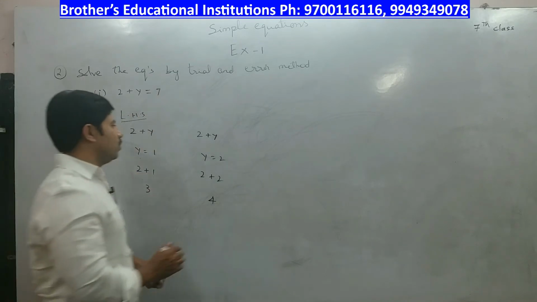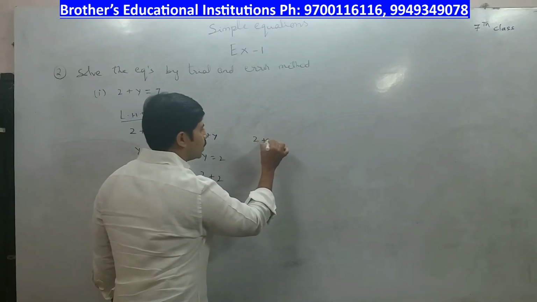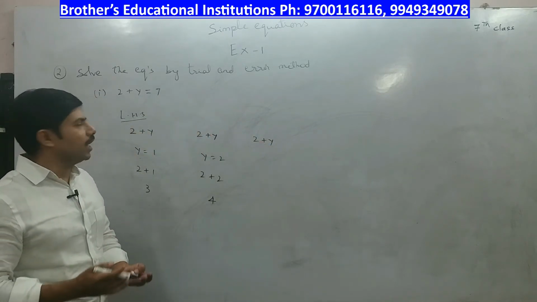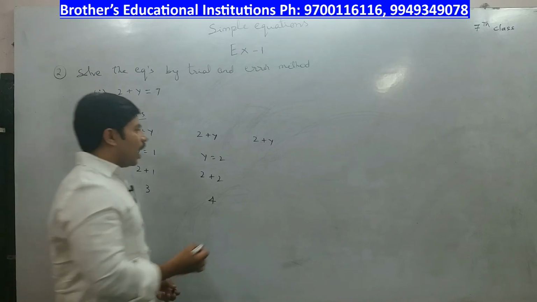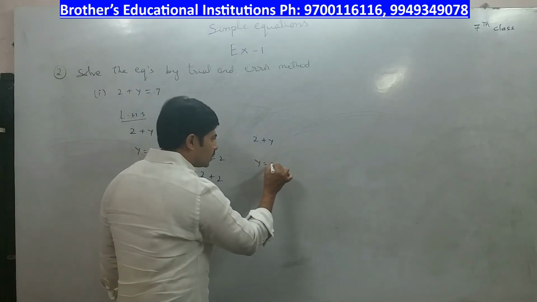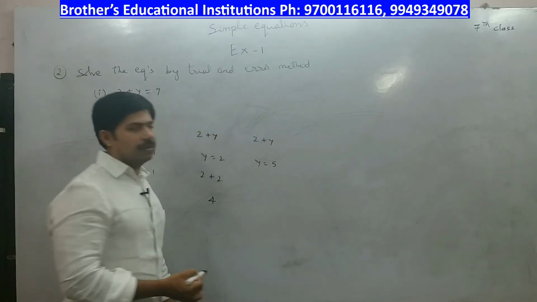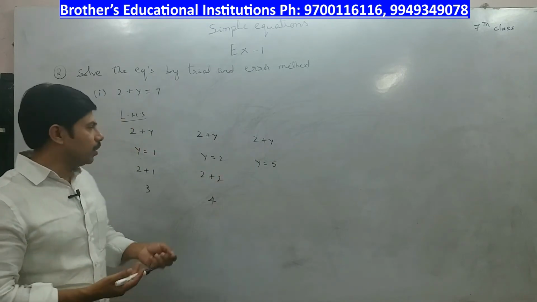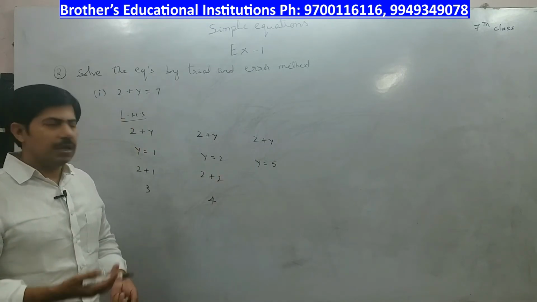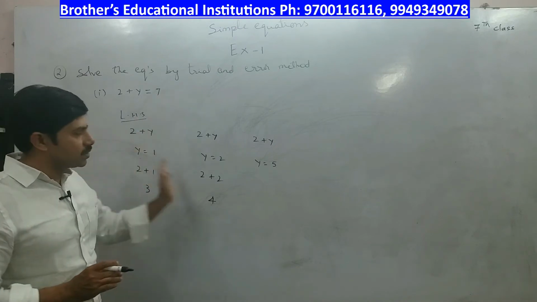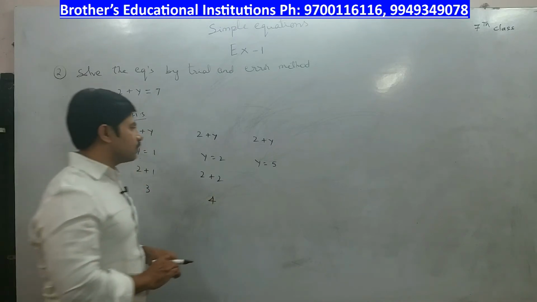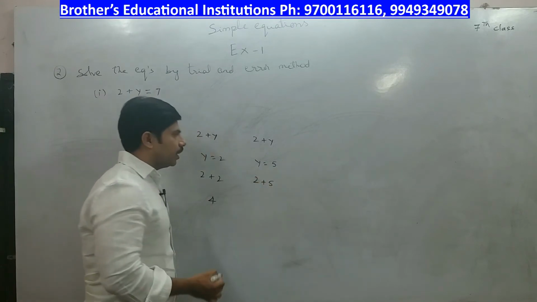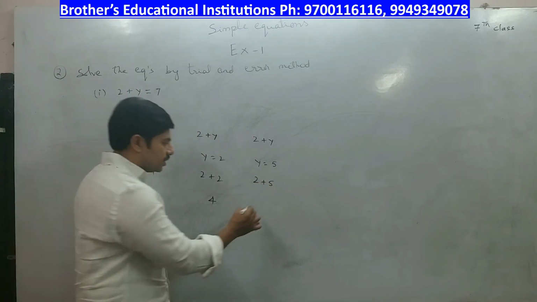So we assume the next value. You can assume 3 or 4 or 5, anything. Now I will assume y as 5, skipping the remaining 3 and 4. As it is a trial and error method, you substitute values till you get RHS. So what is 2 plus 5?